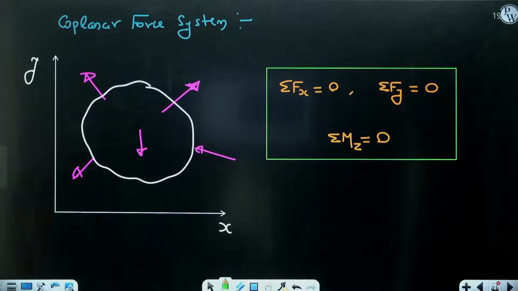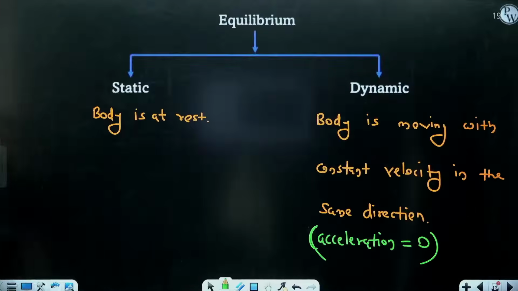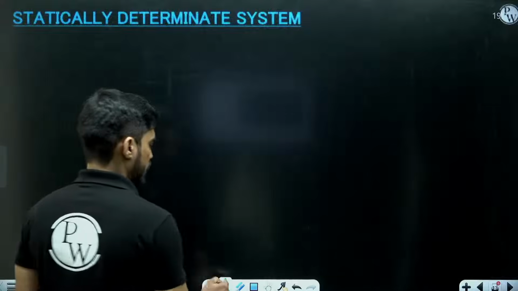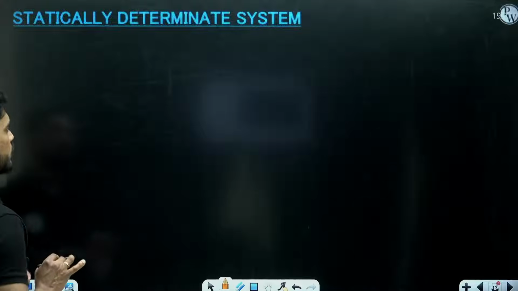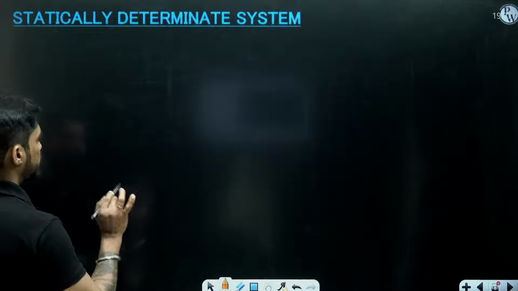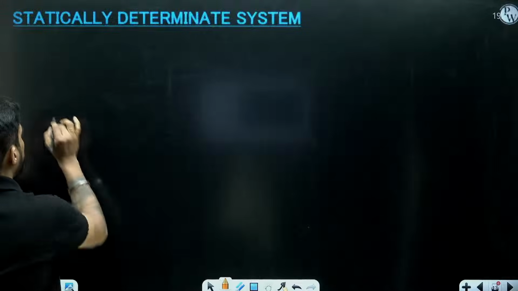These type of problems where the number of equilibrium equations are equal to the number of unknown forces are known as statically determinate problems or statically determinate system. What do we mean by statically determinate system?